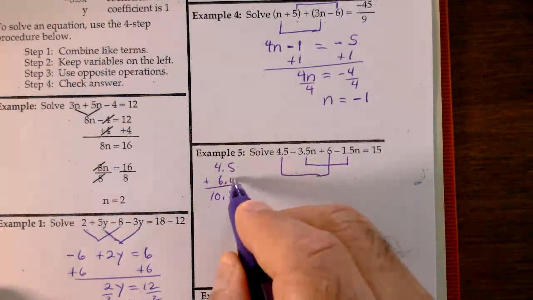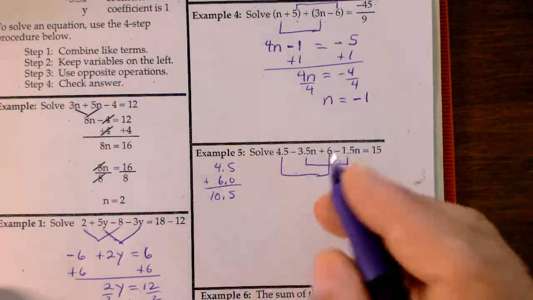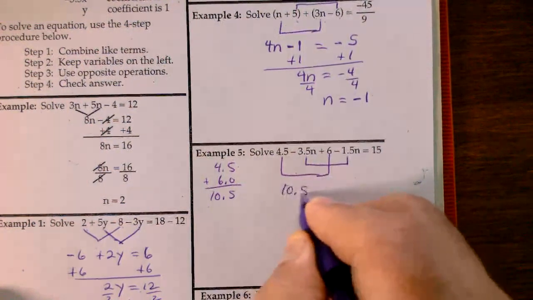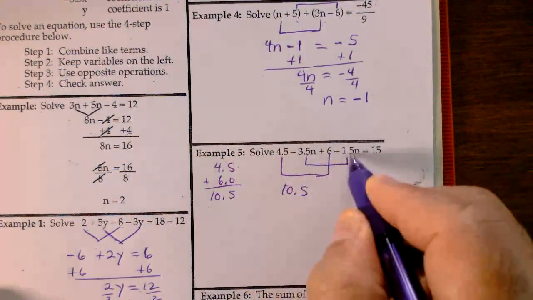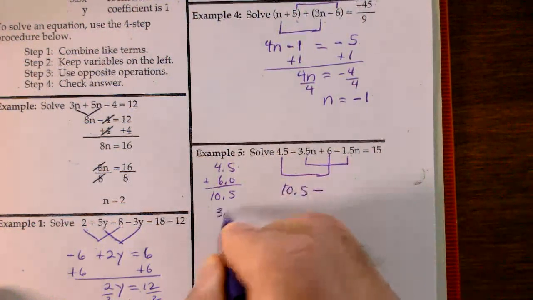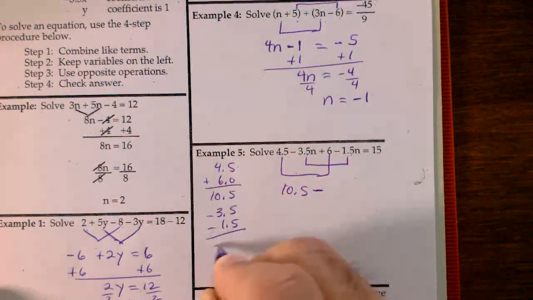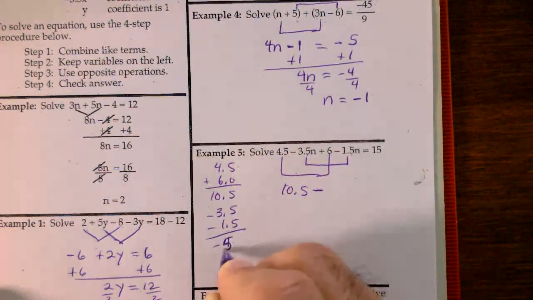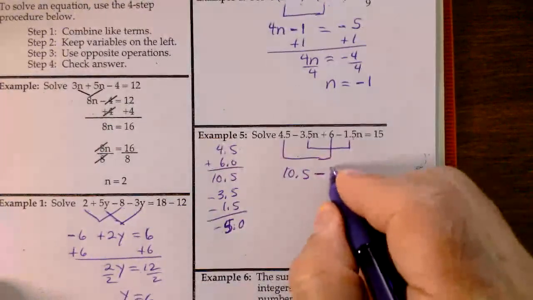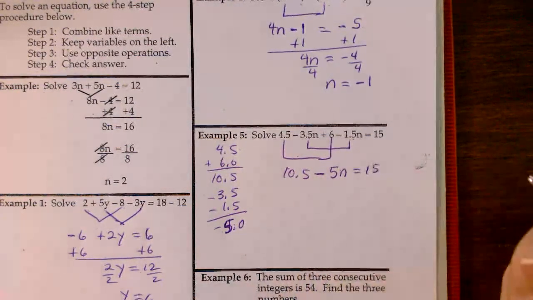Sometimes we put a 6 under the 5 thinking that that's what you're going to get, when in fact it's going to be over 1 decimal place to the left. And that's going to be 10.5. Now, a minus and another minus is going to get to be a bigger minus. Let me put 3.5 and 1.5. And you're going to see that you're going to get negative 5.0. And so this is just going to be negative 5 and equals 15.